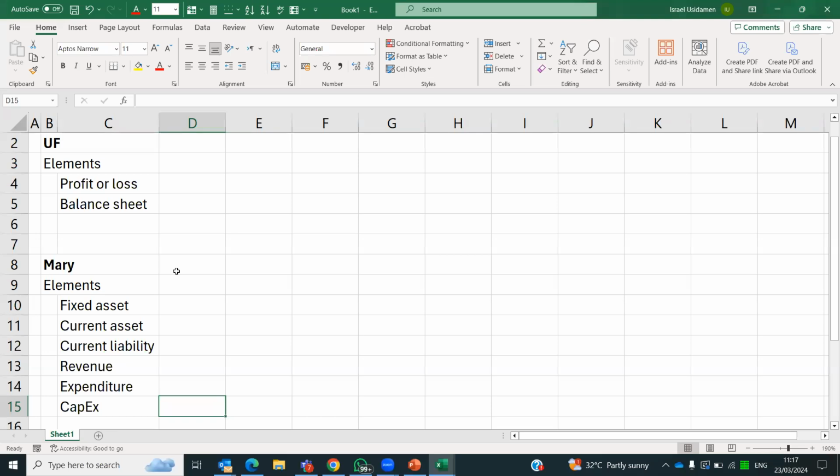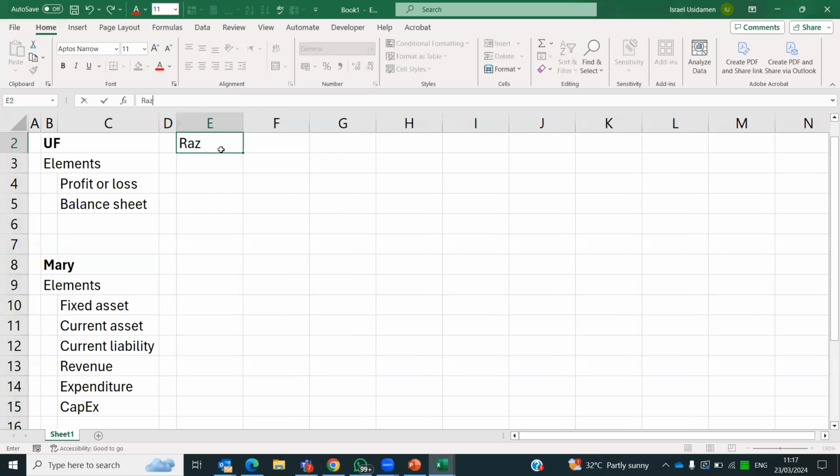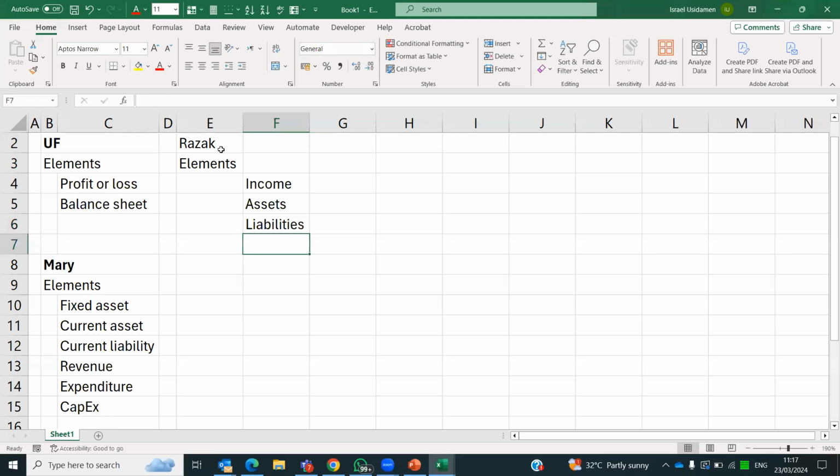My own understanding: what I understand by elements of financial statement, they are the income, the asset, the liability, and the expenses. So you said income, assets, liabilities, and expenses? Yes.